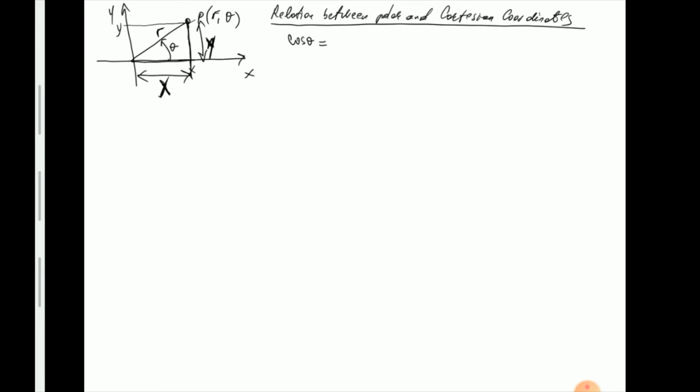So cosine of theta is the adjacent side over the hypotenuse, so that's x over r. So there you go, all of a sudden you have the relationship between the x coordinate and the polar coordinates, r and theta. And then the other trigonometric function, sine of theta, is the opposite side, which is y, over the distance r, so y equals r sine of theta. So this is the relationship between the two.